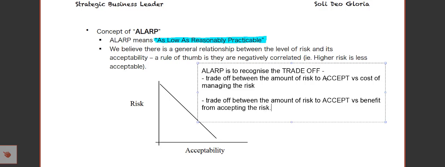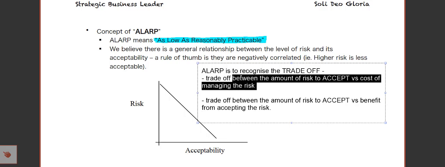Okay, now that is the concept called ALAP. Now this is a very simple concept that is actually very practical in our daily life. So if you look at a lot of examples, then you understand what I say. Now let's try the first one.